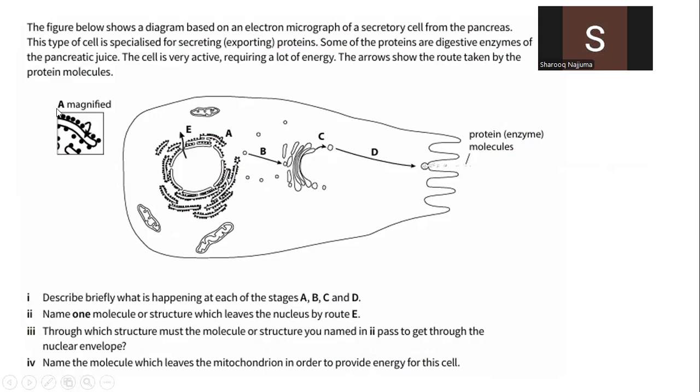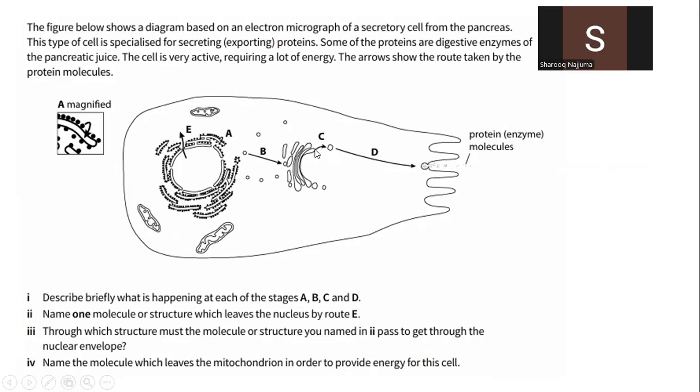So in A, we are having a protein leaving the ribosome, entering into the rough endoplasmic reticulum for modification. In B, the vesicle from the rough endoplasmic reticulum is going to be moving to join the Golgi body.